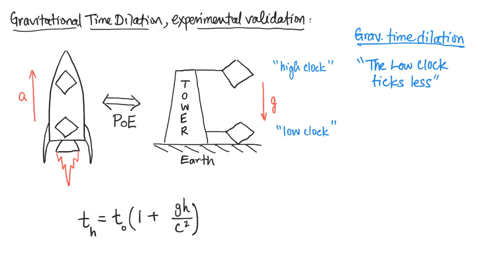What we'll see in a little bit is that this number ends up being very small, a couple parts in 10 to the 15. So what that tells us is that t_h and t_0 are going to be pretty close to identical with each other, but they are going to differ at a few parts in the 10 to the 15 level. So has this test been done, or has a test like this been done?